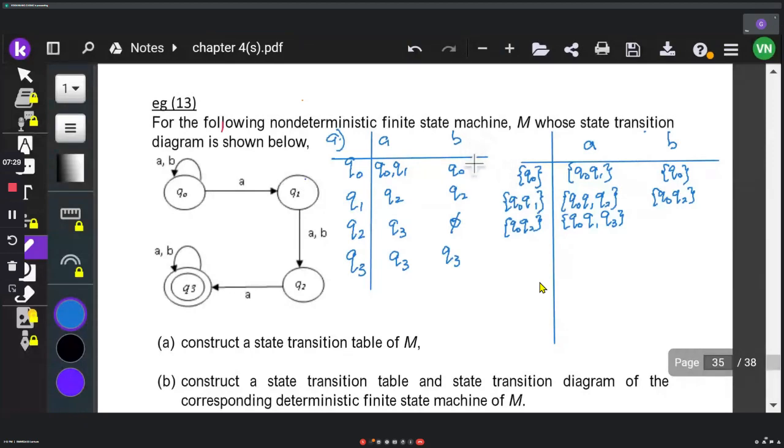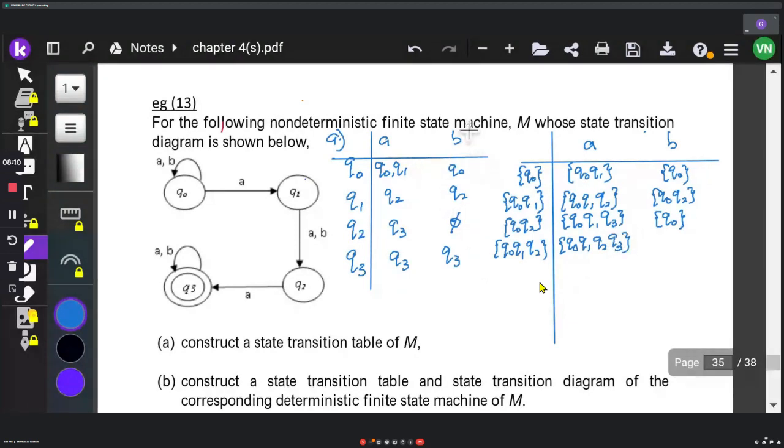And for B, we have Q0 and the empty set, so we have Q0. Then next we continue with Q0, Q1, Q2. From these three, if you combine, for input A you have Q0, Q1, Q2, Q3.